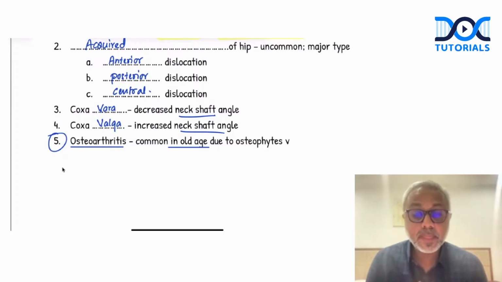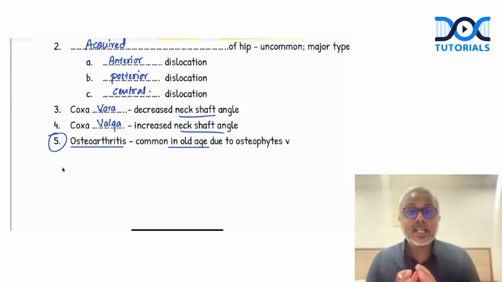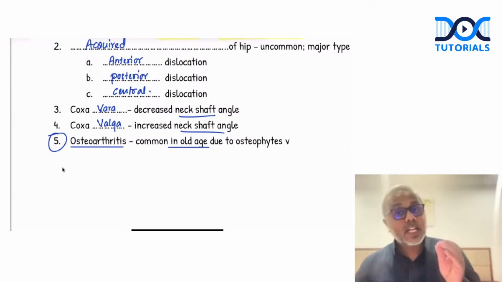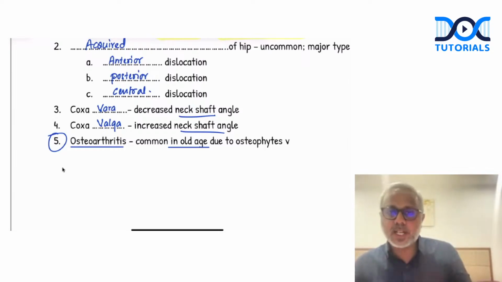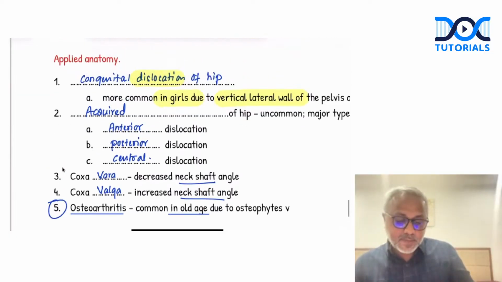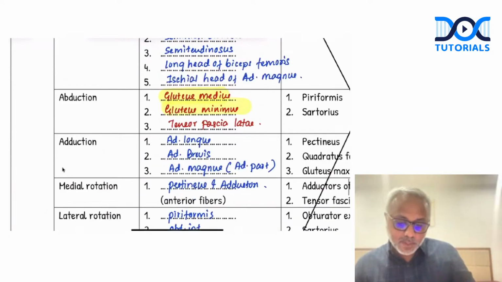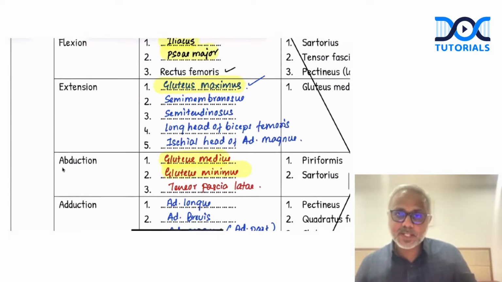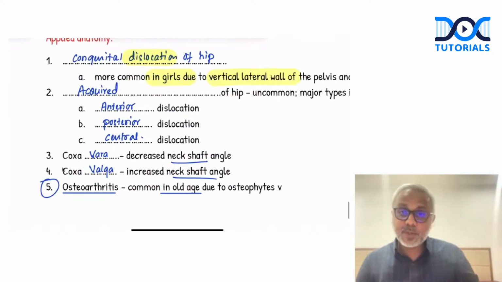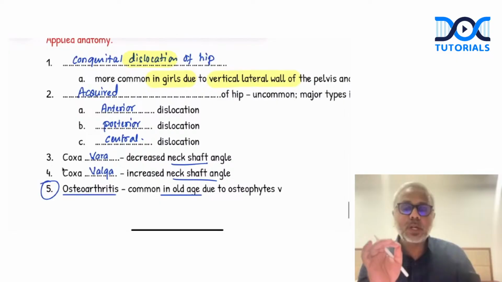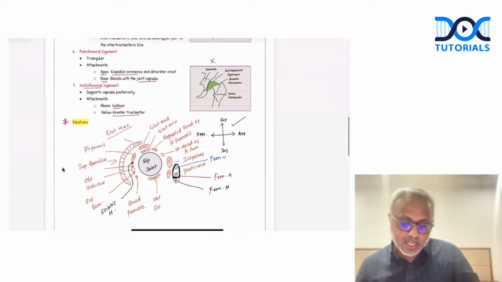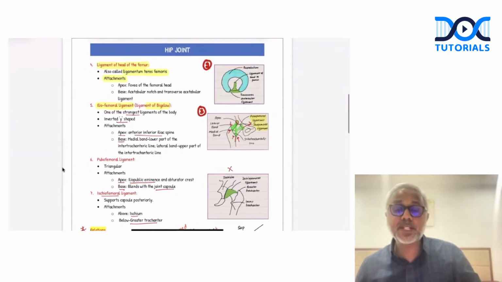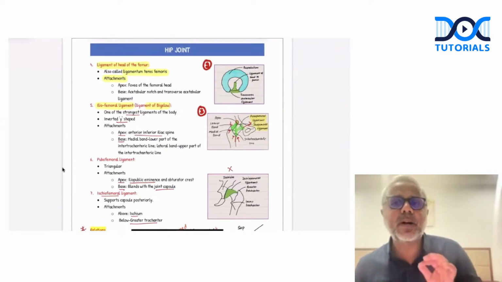Are we clear? Now, this is how you should explain the hip joint. If you wonder where you lose marks in long essays, this is where you will lose marks. If you don't mention the names of the muscles with the movement, if you don't add a few lines of applied anatomy, especially with respect to ligaments, if you don't mention at least a couple of lines about ligaments.